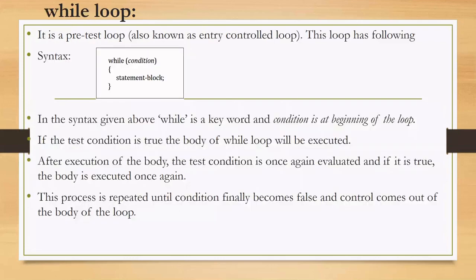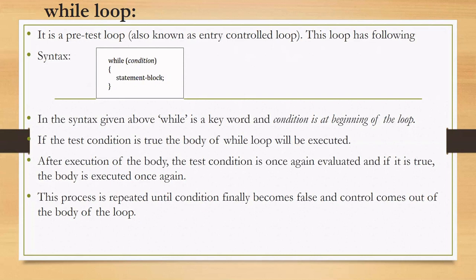First we'll go with the while loop. As we know, it is a pre-test loop, also known as an entry controlled loop, and the syntax is shown here: while, and then the condition. If the condition is true, then it will go inside my while and execute the statements or block inside it.